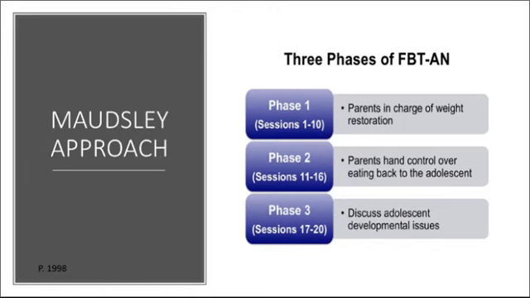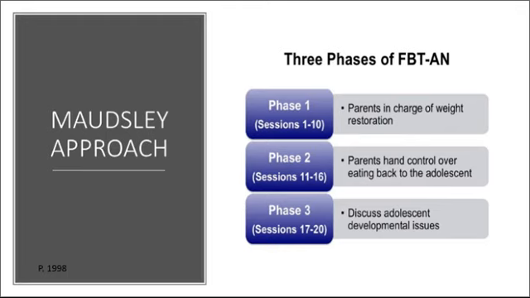So treatment, the Maudsley approach on page 1998. It has 20 sessions in total. It's particularly effective in adolescents with anorexia. It is the stages where the parents have to be involved.